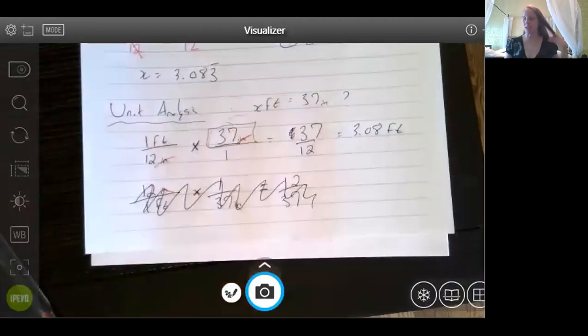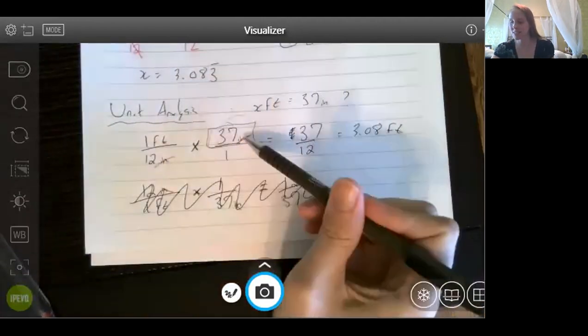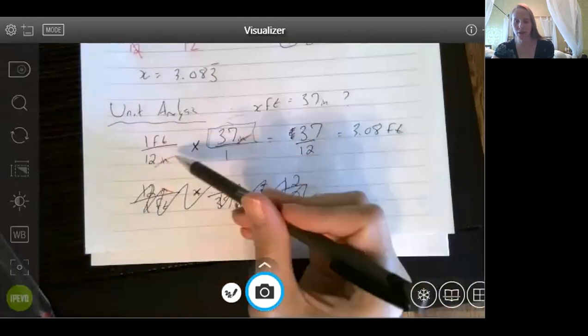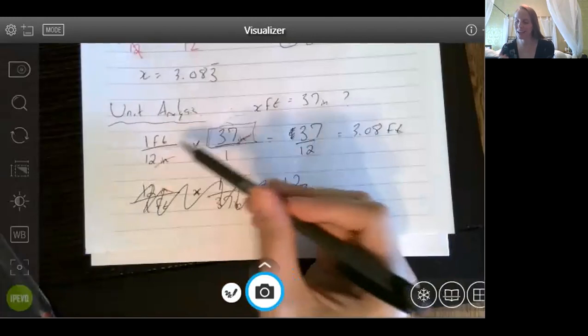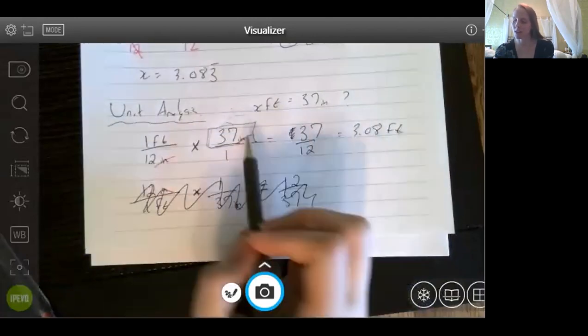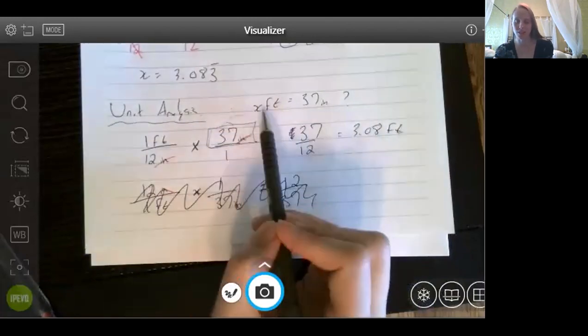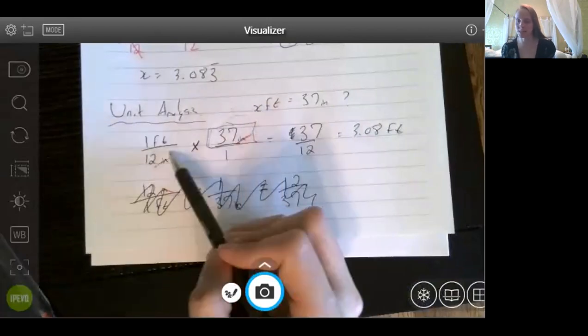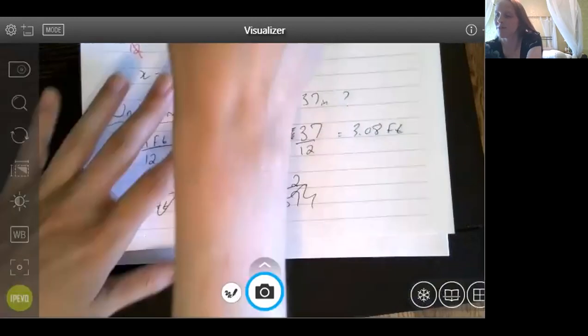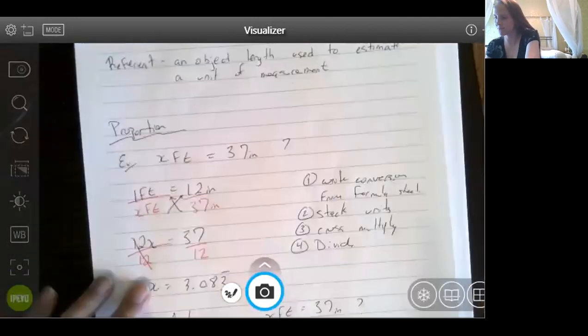What I mean by that is if this is inches on the top here, you have to write inches on the bottom here. If instead I was converting from feet to inches, then this initial fraction would have to be flipped upside down. So let me show you an example of what that would look like.